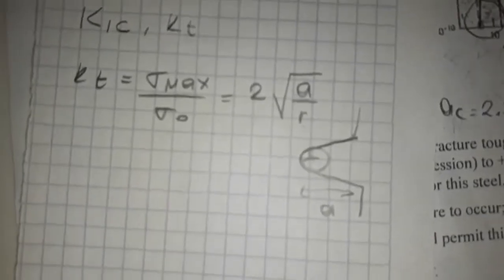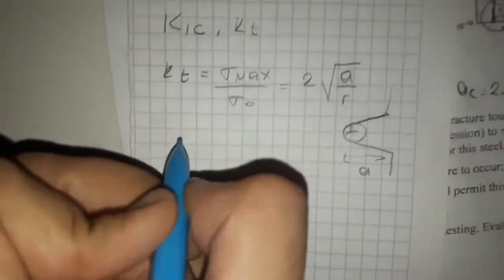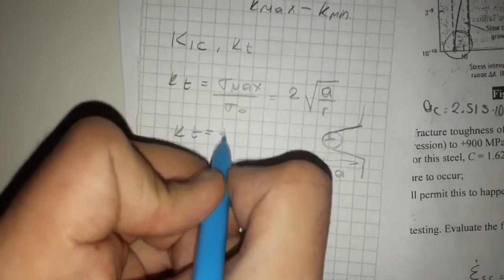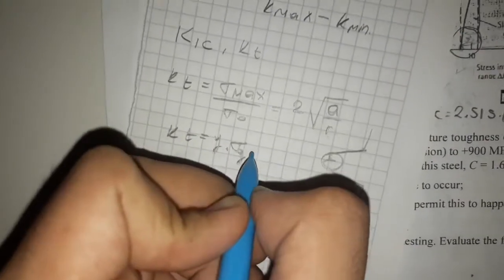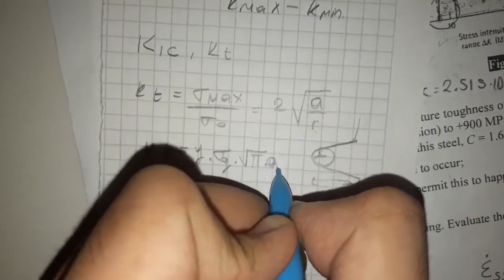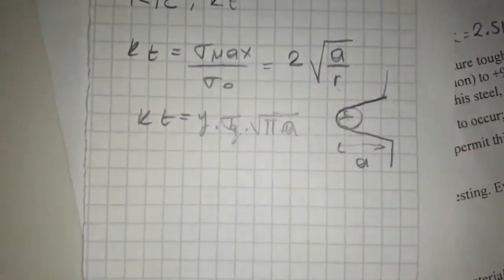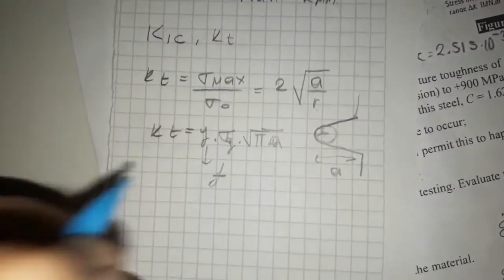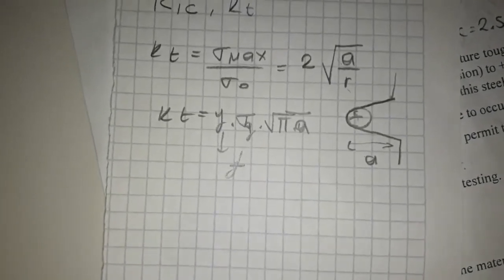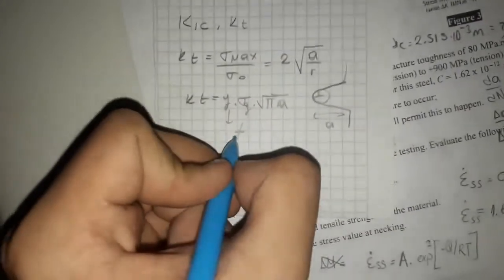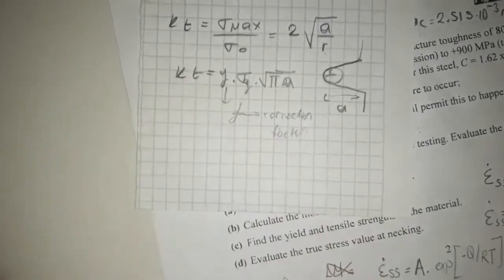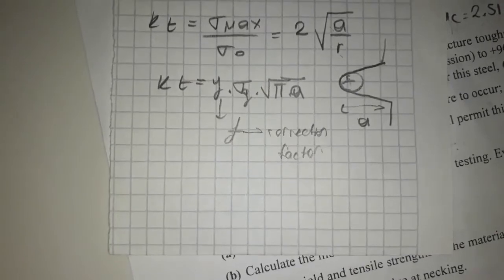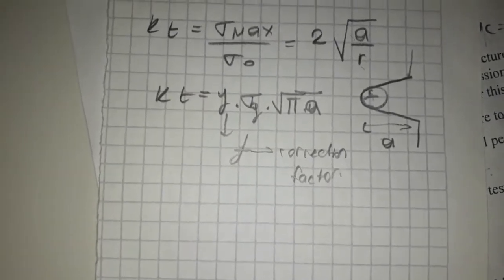This is not the only equation for the stress concentration factor. We have a second equation, K equals Y times sigma G times the square root of pi times A. In some books it says F, in some books it says Y. This is the correction factor, and it depends on the shape of the material, so it will probably be given.